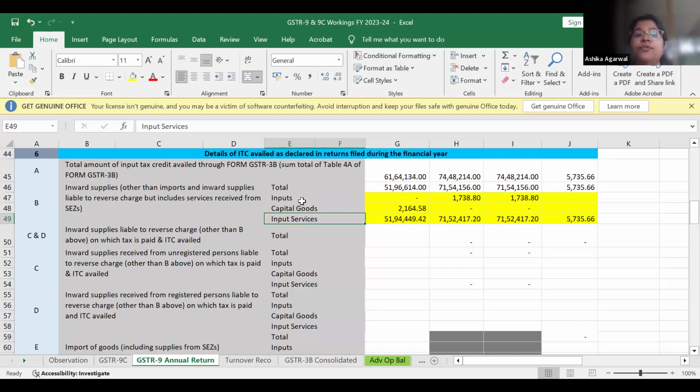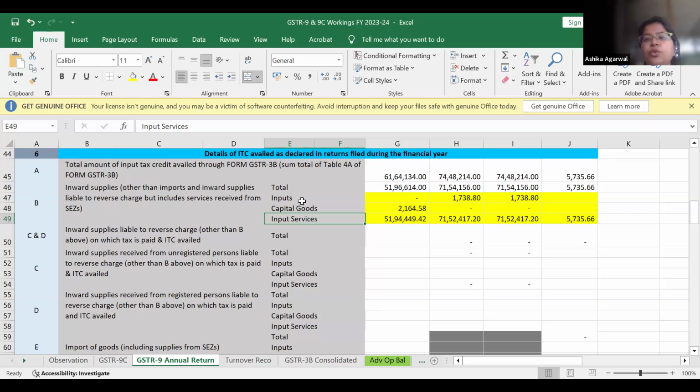I'm not talking about the reversal, 4B1, permanent reversal. I'm talking about the ITC which we are required to park, which we are saying we will claim subsequently. Plus, we also have an impact of last year's ITC claimed in the current year, which we were also adding to 4A5, showing it as 4D1 to show that it was the previous month's ITC, which may be of the past, or may be of the current.